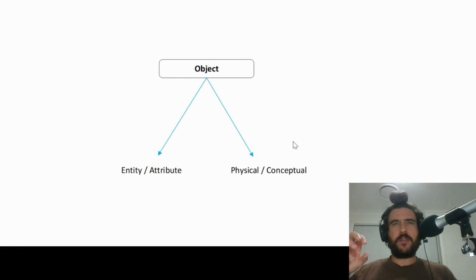Like, well, should I be going after the attributes of that object? Like, is it heavy? Is the distance great? Is it far? Or are you going after the entity itself? Okay, and we'll look at this in just a second. But for us, an object can be physical, it can be conceptual, it can be an entity, but it can also be an attribute, okay?